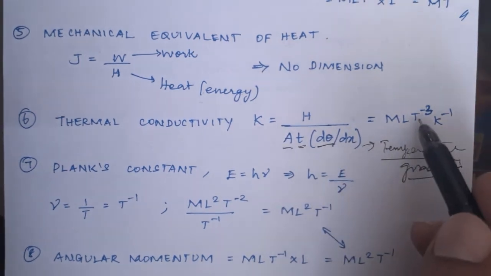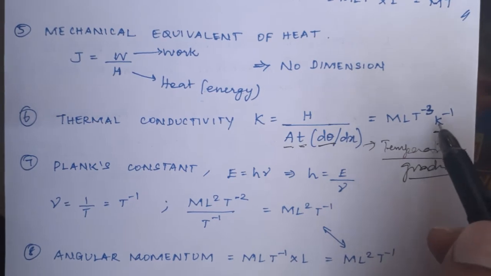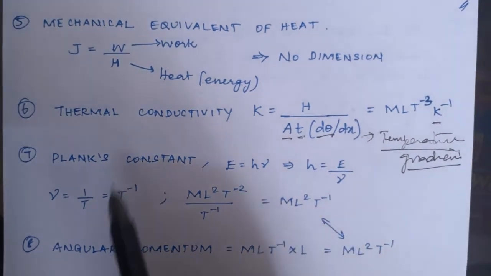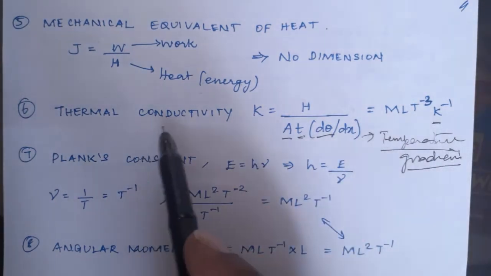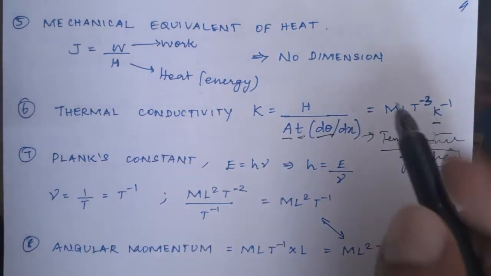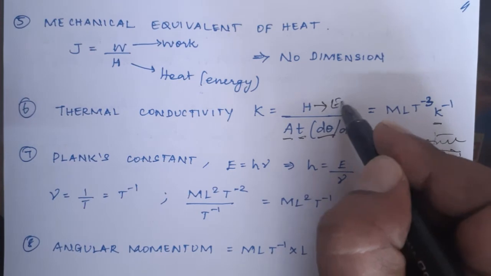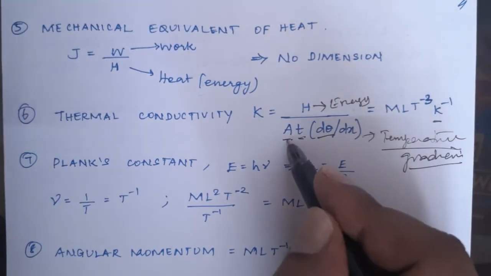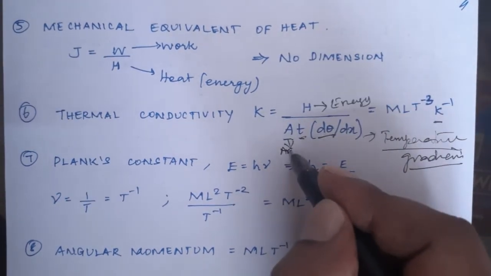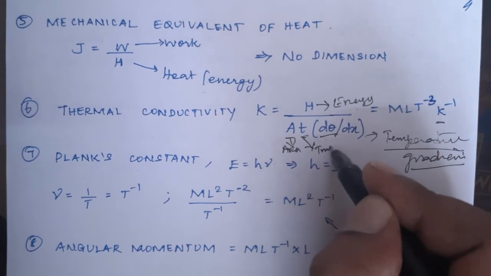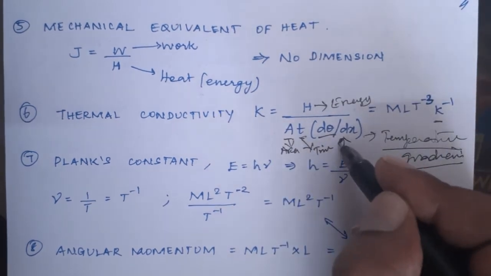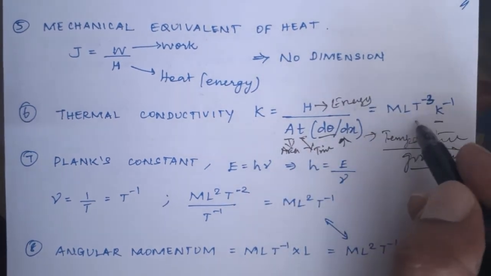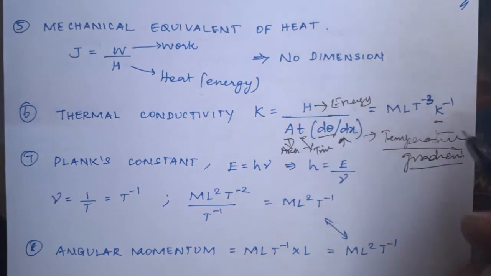So M L T power minus 3 Kelvin power minus 1 is the dimensional formula for thermal conductivity. Here, this is for energy, this is area, this is time. Now substitute all the dimensional formulas for this, and you will get M L T power minus 3 and Kelvin power minus 1.